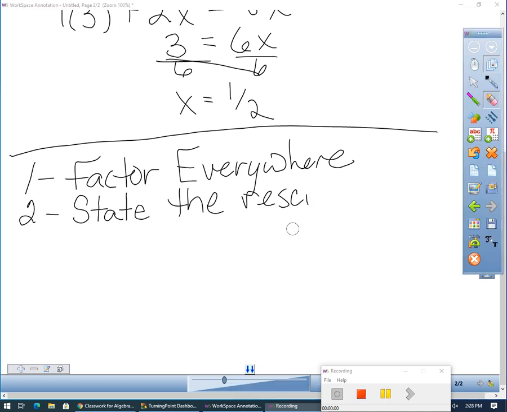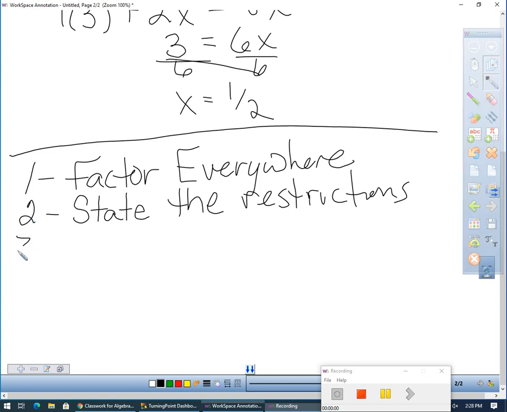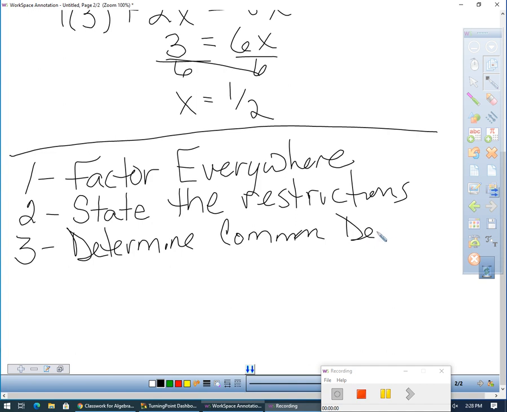I can't spell. Alright. 3. Determine the common denominator.